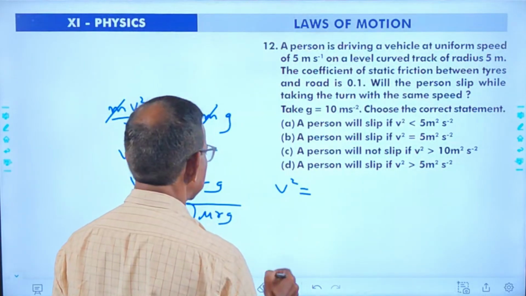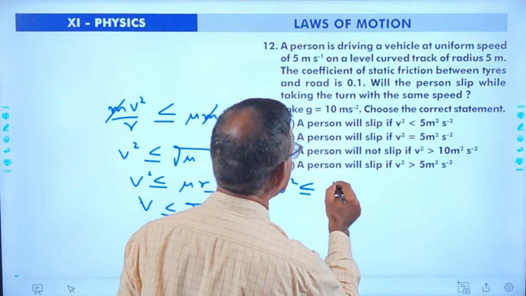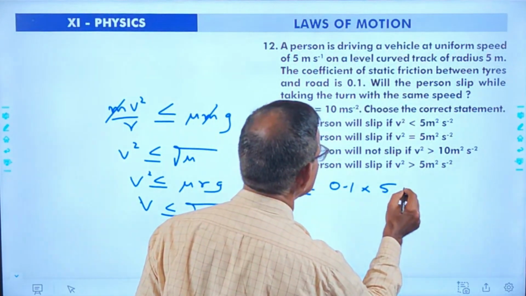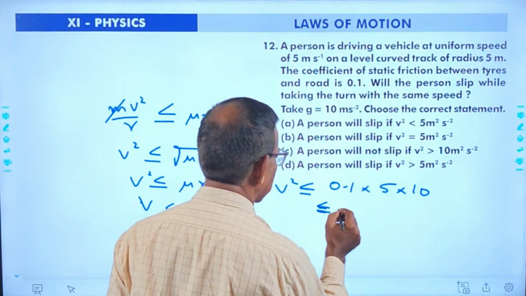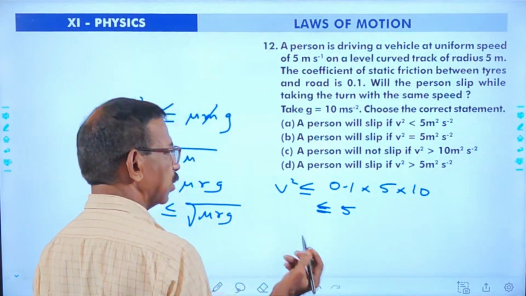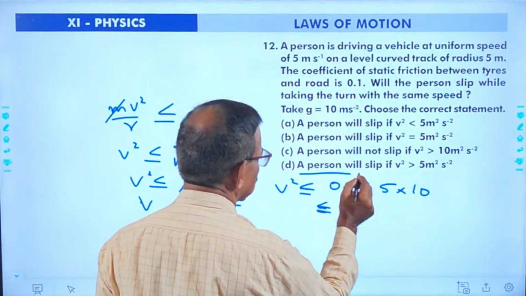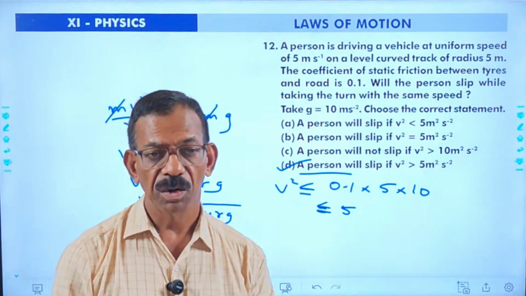V square is less than or equal to mu rg. Here mu is 0.1, r is 5 meter and g is 10. So v square must be less than or equal to 5. If the velocity is greater than this, the person will slip. Hence, the correct answer is option D.